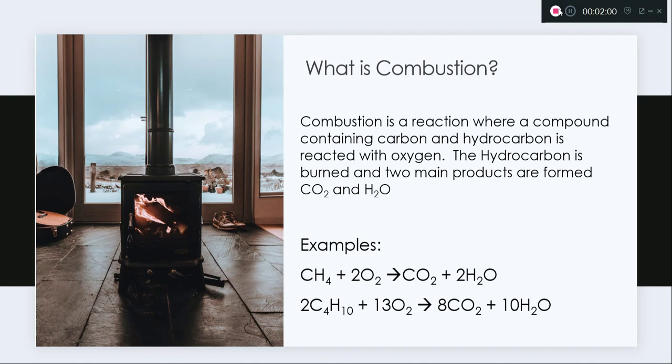So if we're able to determine how many water molecules there are, we can figure out how many hydrogen atoms there are. And if we can figure out how many carbon dioxide molecules there are, then we can figure out how many carbon atoms there are, and then get a ratio that goes back to the original substance. And that's actually what we do for a combustion analysis.